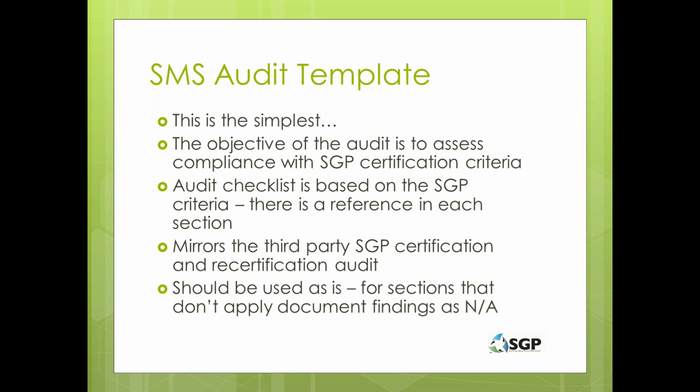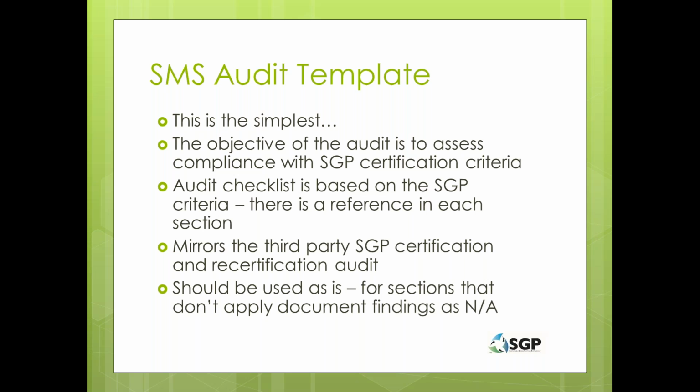So the audit checklist is based on the SGP certification criteria. All of the SGP criteria have a number. Each section is numbered. So the audit checklist, the template, has that reference in the checklist to the criteria. So if you wish to see where it comes from, then you can make that reference back to the certification criteria.